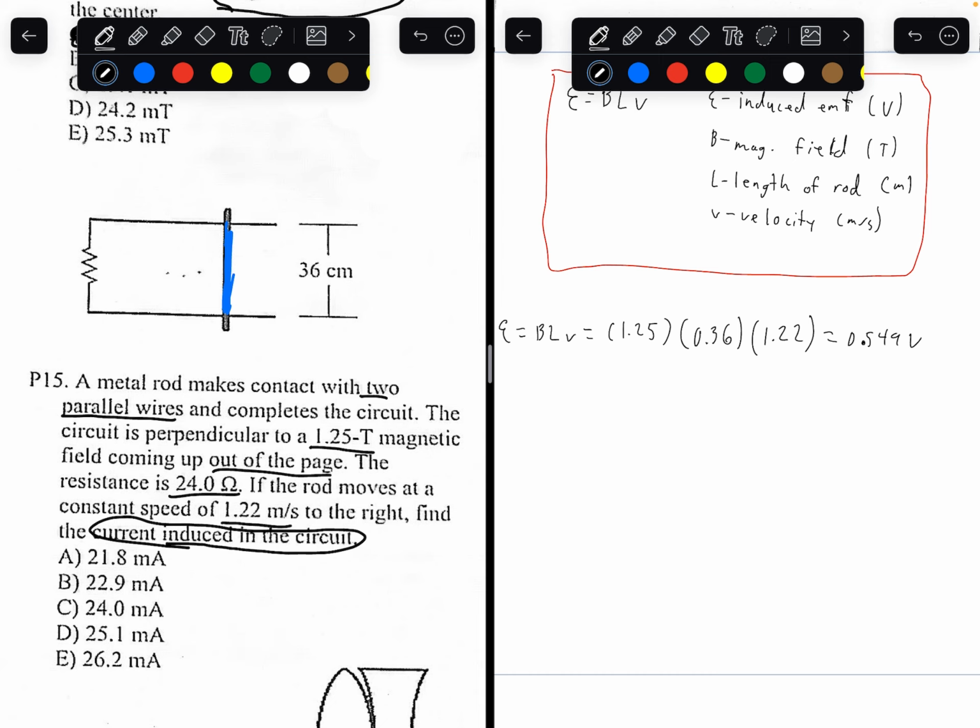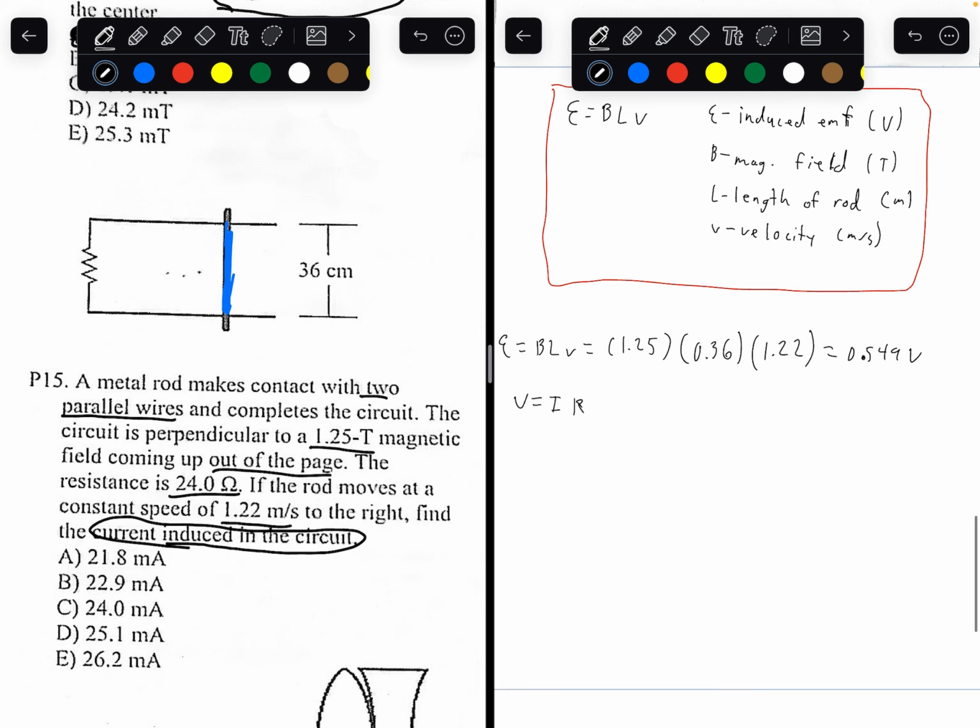So, if that's the induced EMF, we were trying to find the induced current. So we know Ohm's law: voltage equals current times resistance. Because induced EMF is essentially induced voltage, we can just replace voltage with induced EMF equals IR. So then I equals induced EMF over R. So you would get 0.549 volts divided by a resistance of 24 ohms.